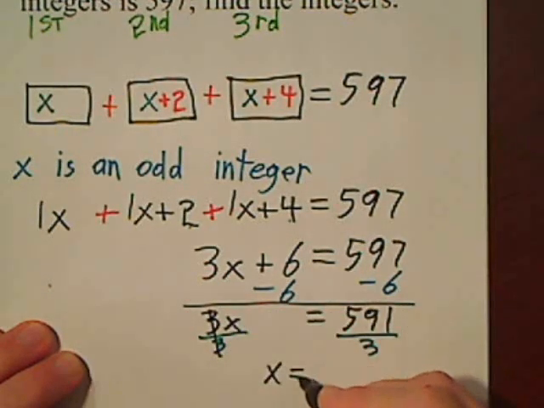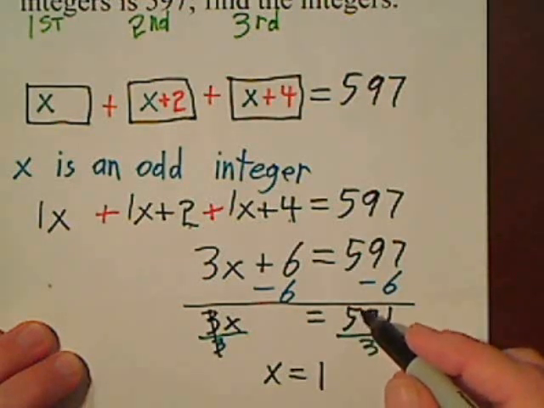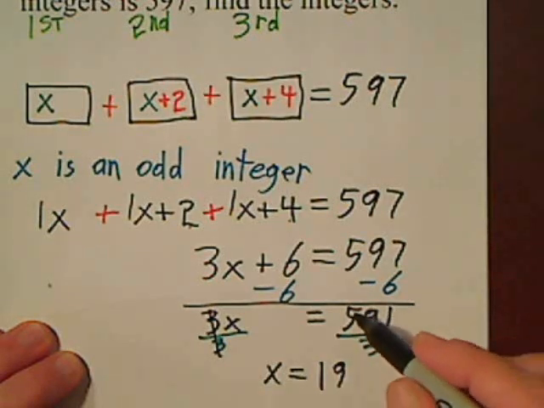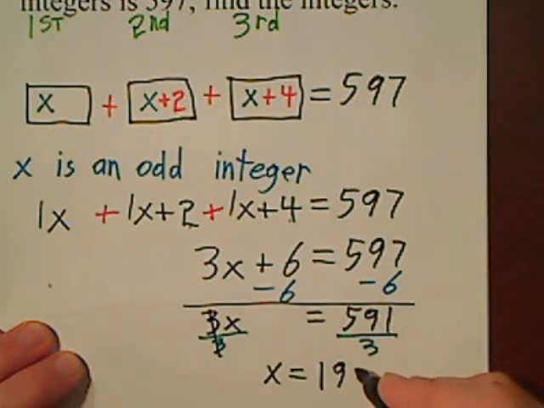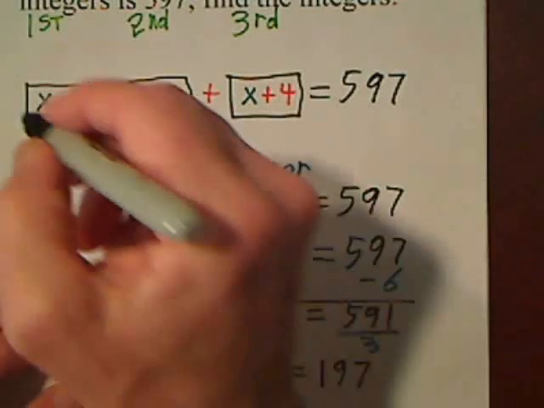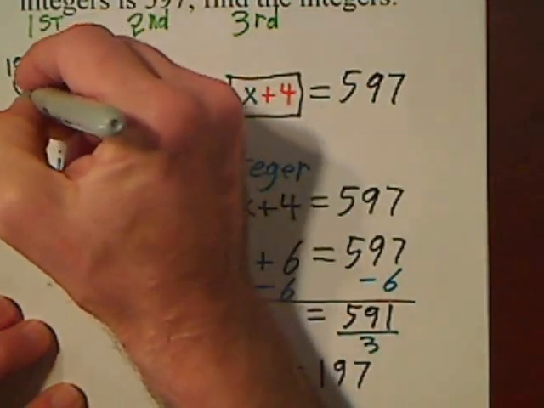And we get x equals 197. So we figured out that x is 197. We take that value and plug it in where the first x is.